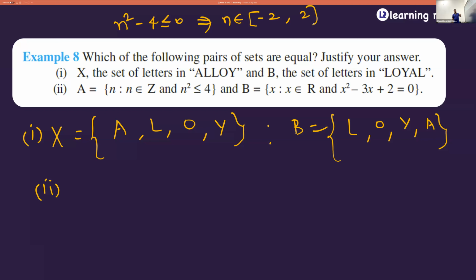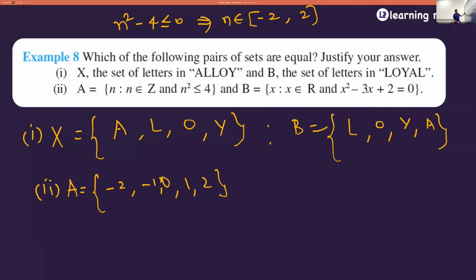Yeah, minus 2 to plus 2. So you need to take only integers. A will be minus 2, minus 1, 0, 1, 2.